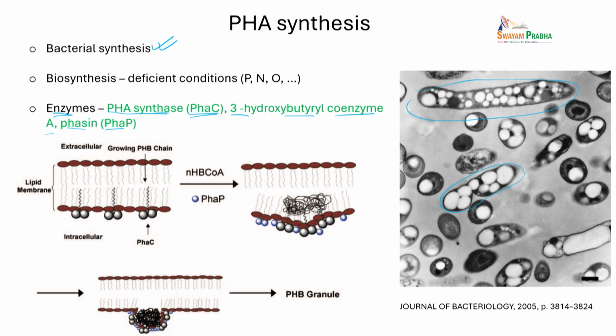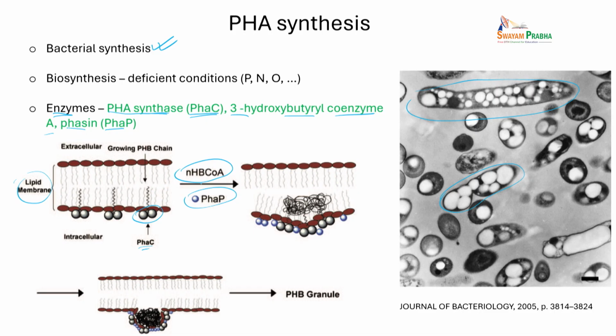So if you look at the mechanism, they say that you have this bacterial lipid membrane, and in that you have this PHA synthase enzyme attaching to the head groups, and then the other enzyme, hydroxybutyryl coenzyme A, as well as phasin, together synthesize this polymer in the inner hydrophobic regions of the lipid.